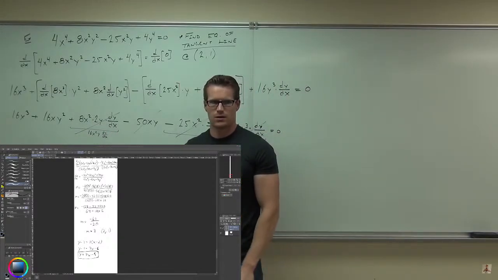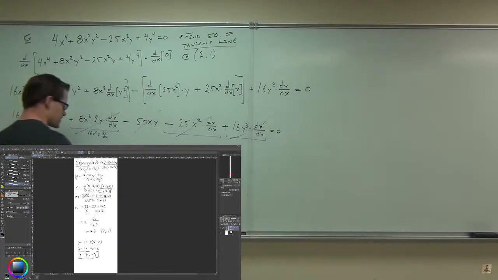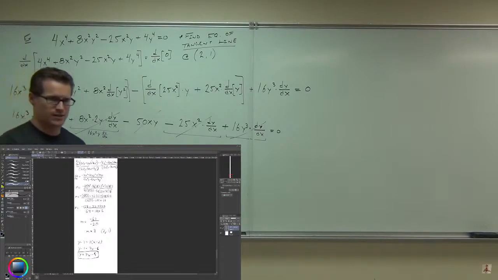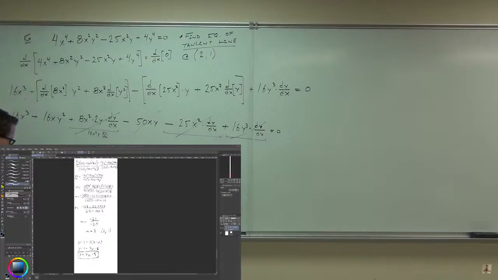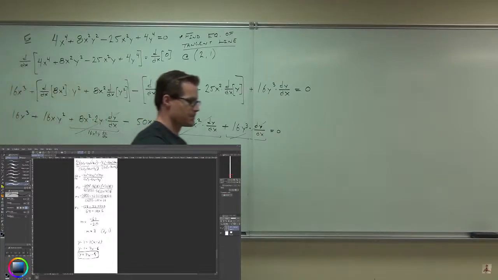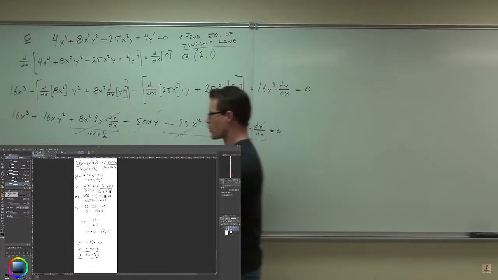What now? Factor out dy dx. Let's factor. So if I factor dy dx, notice how when we did this, every term, as it should, has a dy dx in it on the left-hand side. We'll factor that out. We'll have a big bracket. And now we have dy dx times this enormous factor.